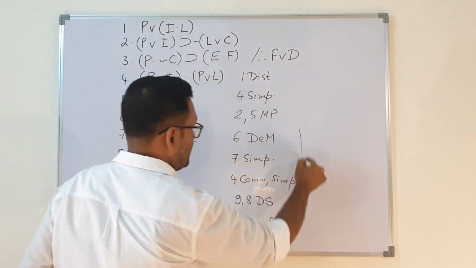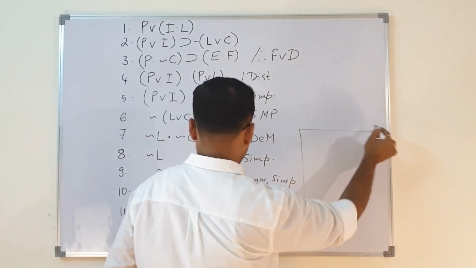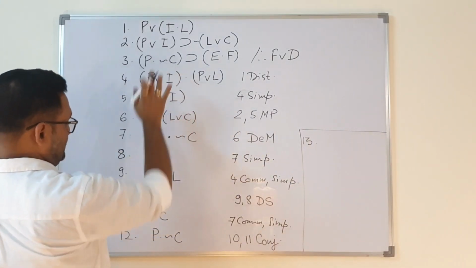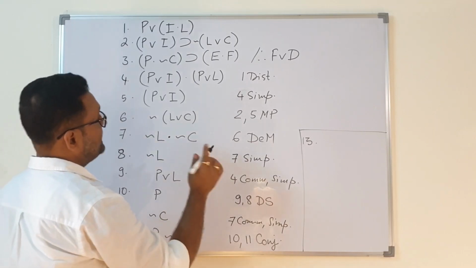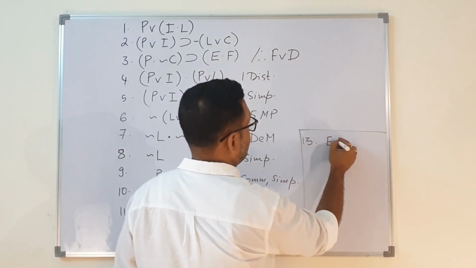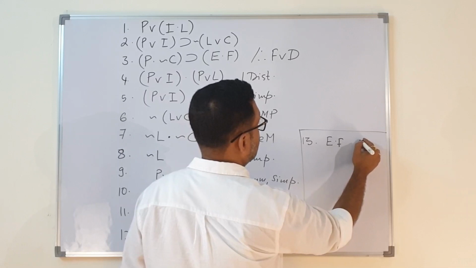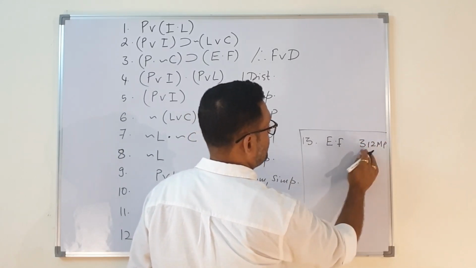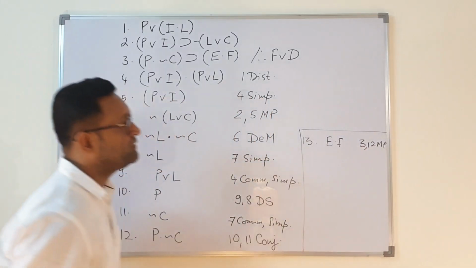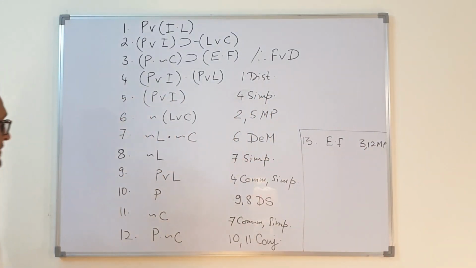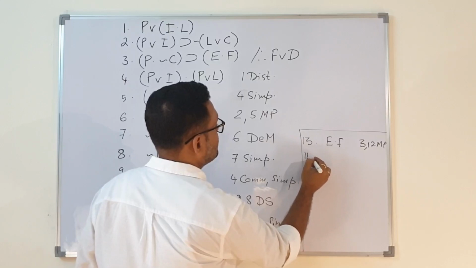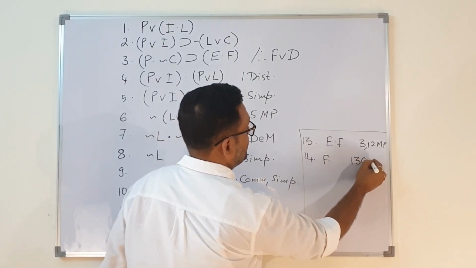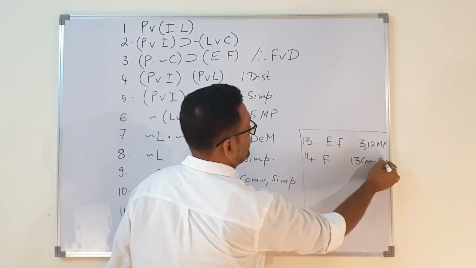Okay. Now step number 13, you enter this line with this P dot negation C, so you will get E dot F. This will be 3, 12 modus ponens. So you have got E dot F. From here you can simplify F by writing 13, commutation and then simplification, right?